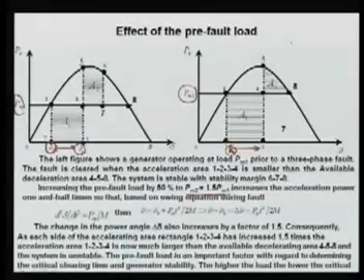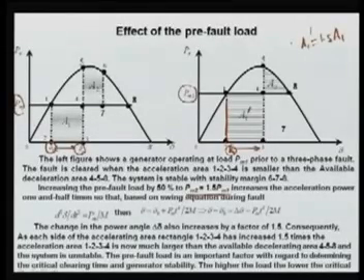Now you can see that for area A1, the time is the same, but this area is increased by 1.5 times. This area was A1, now A1 prime will be 1.5 times A1, because this height is increased by 1.5 times, where this axis is the same.